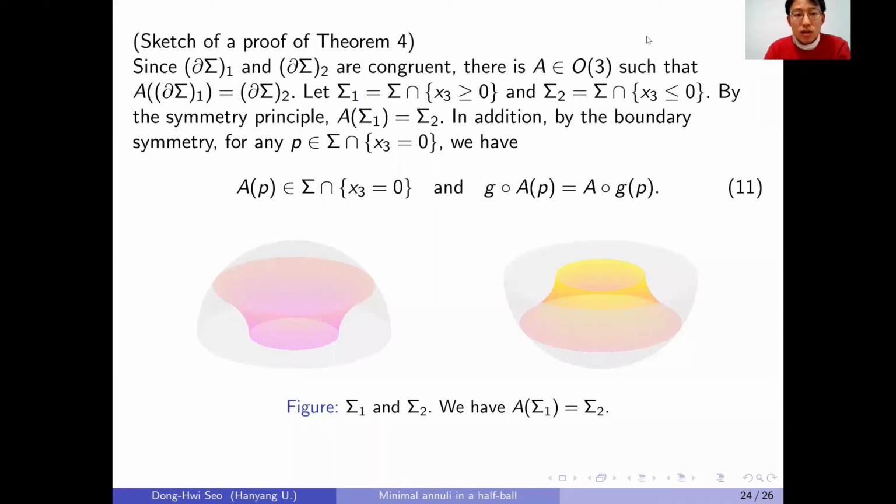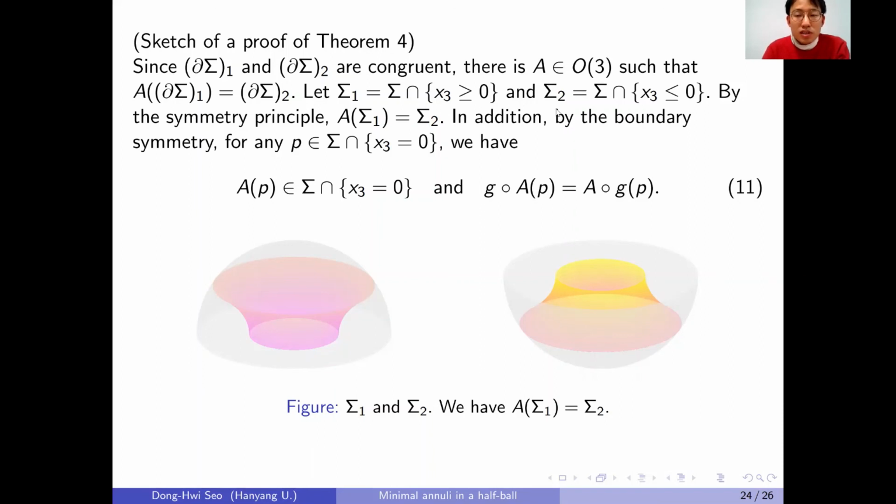So let me give a proof of the last theorem. Since we have the congruence condition on the boundary components, we have an orthogonal matrix A such that A maps a boundary component into the other boundary component. Since we denote F1 by (0,0,1), let's define sigma 1 as the part of sigma included in the half ball induced from F1, and we can define sigma 2.